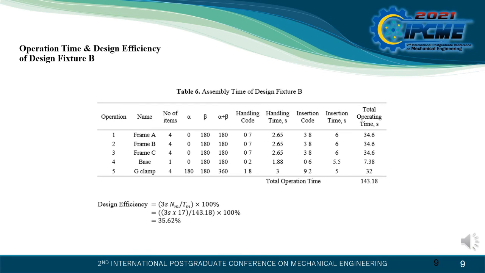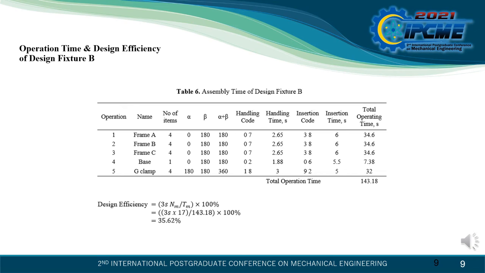Same as design feature A, for design feature B, we also need to determine the operation time and design efficiency. Table 6 shows the assembly time for design feature B. Here we also have information about the alpha, beta, handling code, handling time, insertion code, and insertion time.